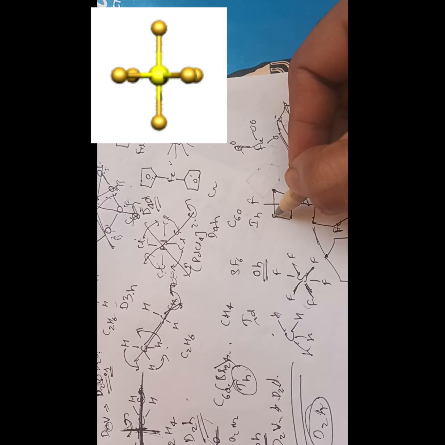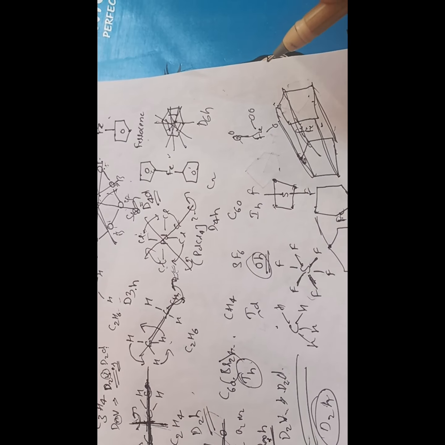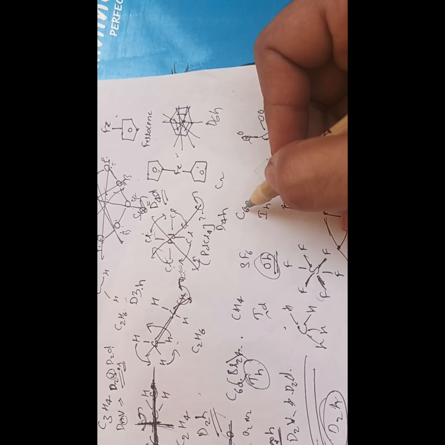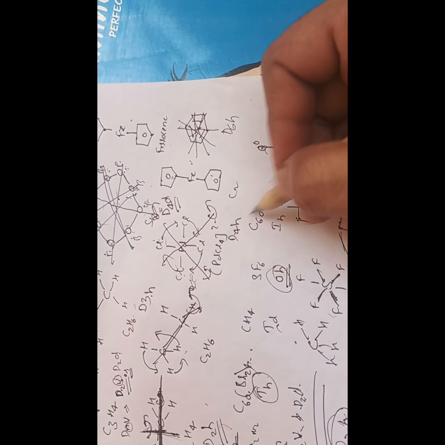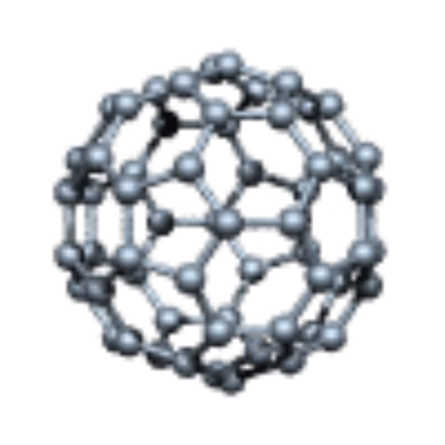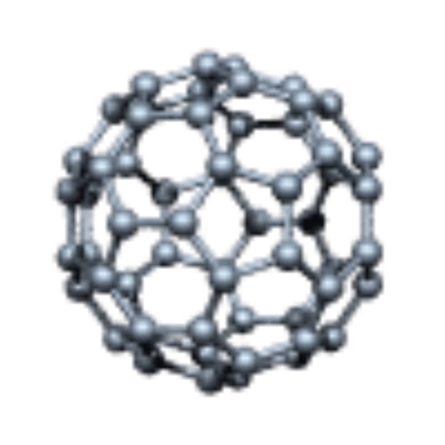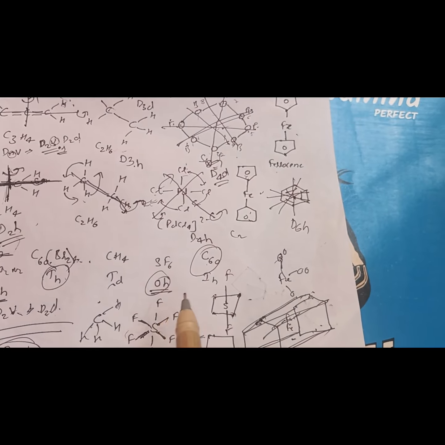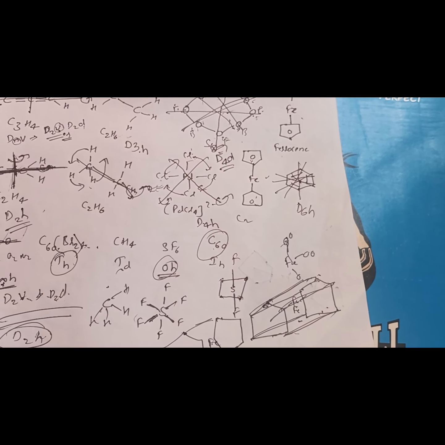This is called the octahedral geometry, and this is C60. This is the huge molecule. You studied this C60, hence it will be Ih. Okay, I will give this 3D elevation, so thank you once again, and thank you one and all.